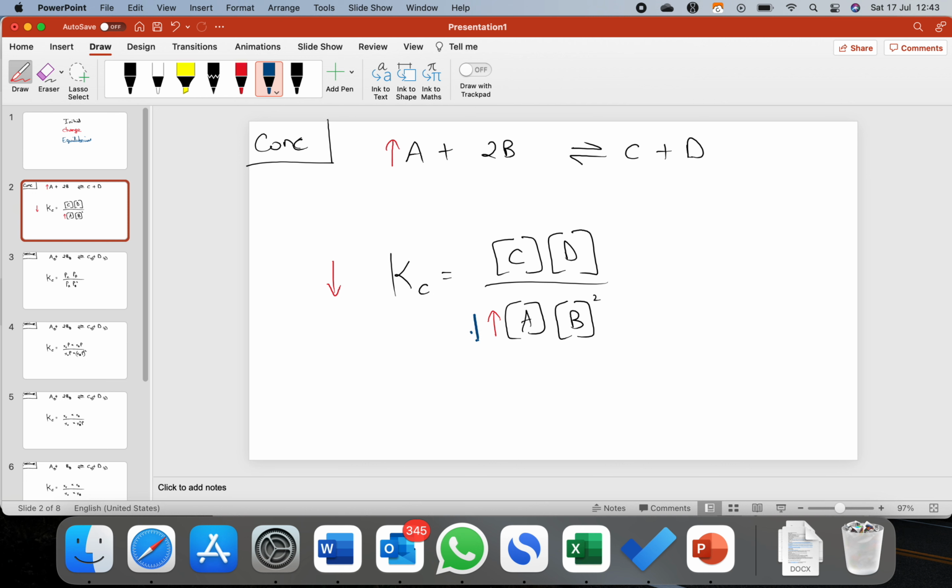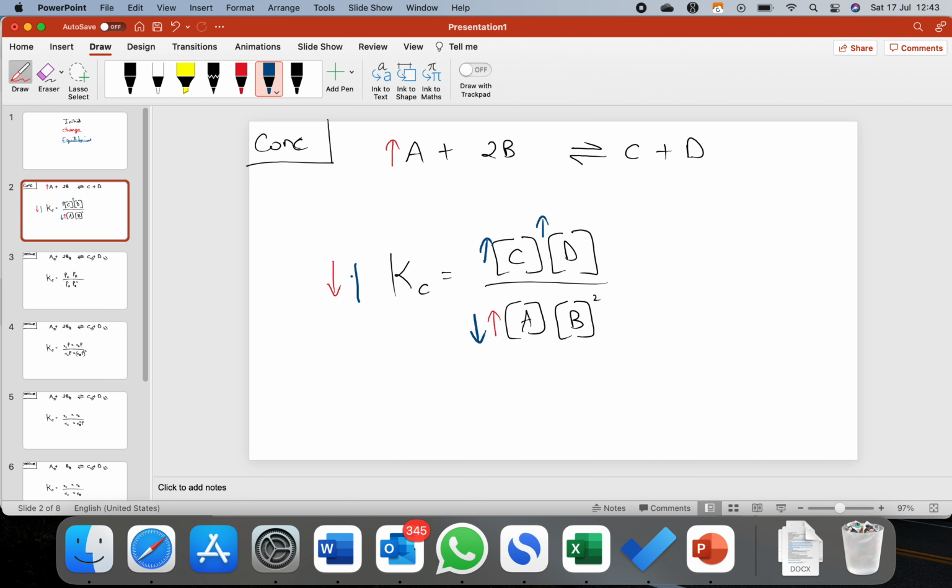Therefore, using up A, and if it uses up A, it therefore increases the concentration of C and D. More C and D are produced. Therefore, if the denominator goes down and the numerator goes up, the overall value of Kc will increase.